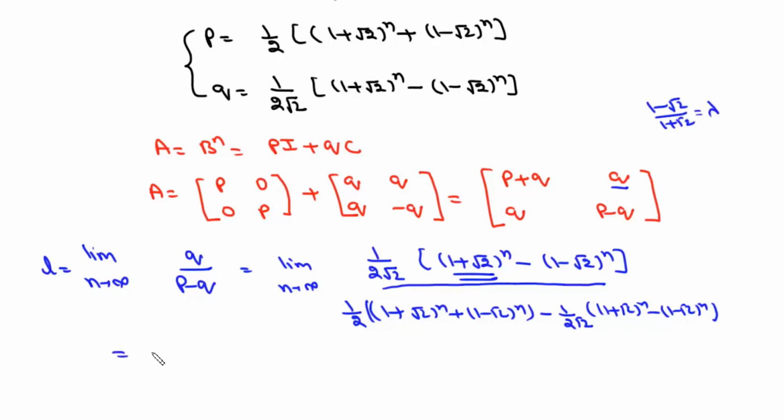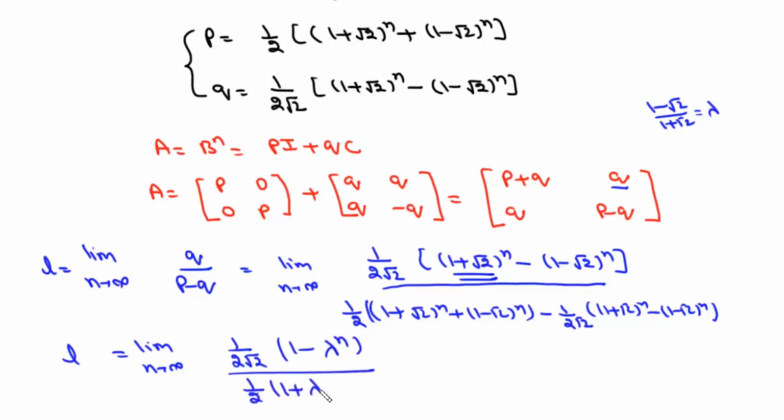So we can write this L as equal to the limit as n tends to infinity of 1 upon 2 root 2 into (1 minus lambda to the power n), upon 1 by 2 into (1 plus lambda to the power n) minus 1 upon 2 root 2 into (1 minus lambda to the power n).